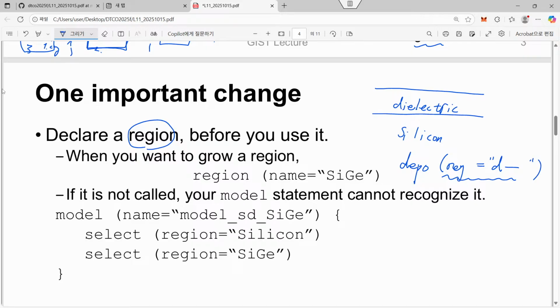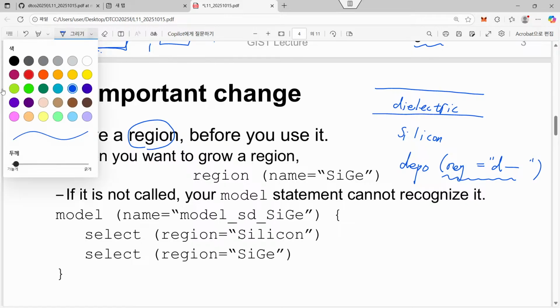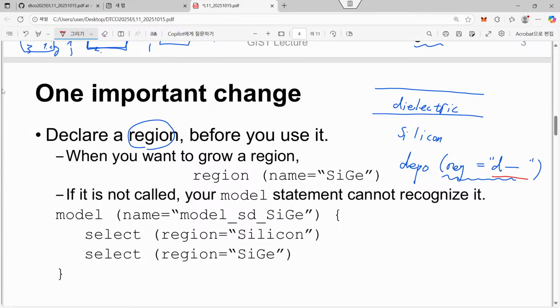Its name is dielectric. But in this newer version of our Ångström Craft, that is not a safe way to do that. So before calling any kind of new name, like dielectric in this case, please add one line. This line is just to declare that there exists a certain region whose name is, in this case, dielectric. Then it will be added to the list of regions inside this code.